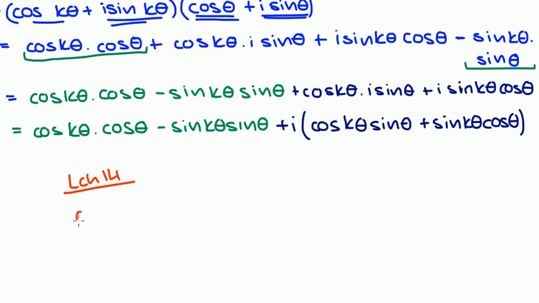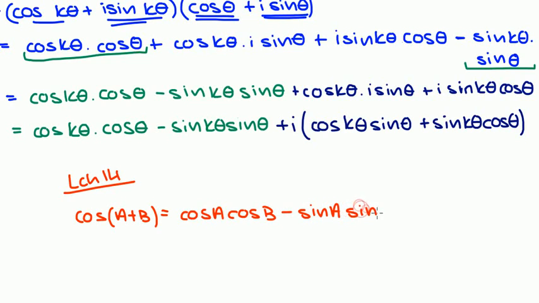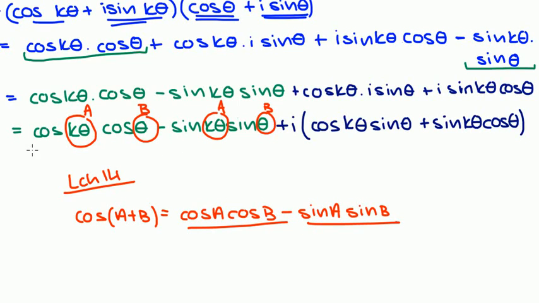The very first rule on the page tells me that cosine (A plus B) is equal to cosine A cosine B minus sine A sine B. So if we take k theta as A and theta as B, what we have is cosine A cosine B minus sine A sine B. Therefore, we can simplify what we have, and it's really going to give us cosine (k theta plus theta).